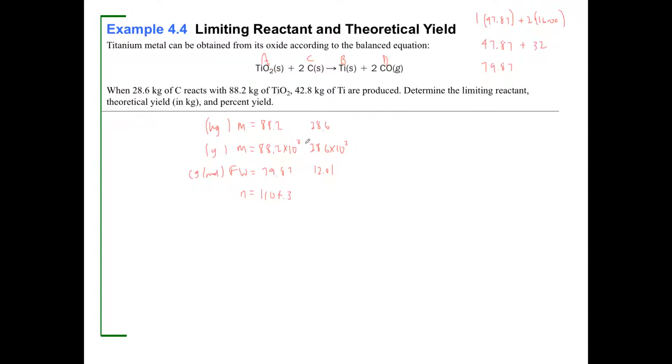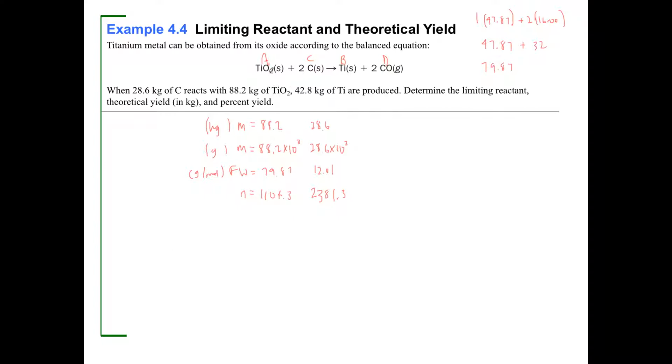And then carbon's 28.6 times 10 to the 3 divided by 12.01 equals 2381.3, okay? So then the question is, which of these is the limiting reagent?